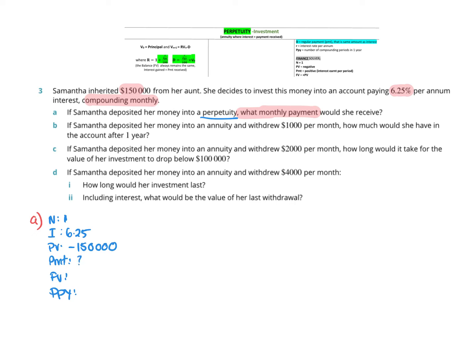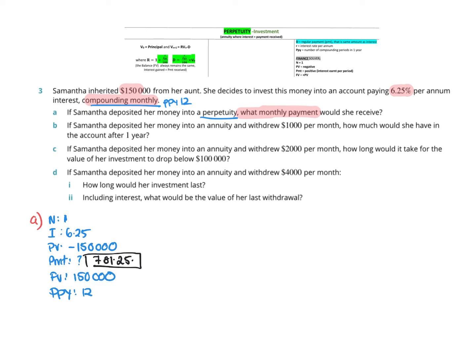Now the payment's the question, so that's the one we should have a blank on, and FV will be the same as PV but positive, and PPY was compounding monthly, so PPY is 12. So we pop that into Finance Solver and we'll get our answer for payment. So we get a payment of 781.25.